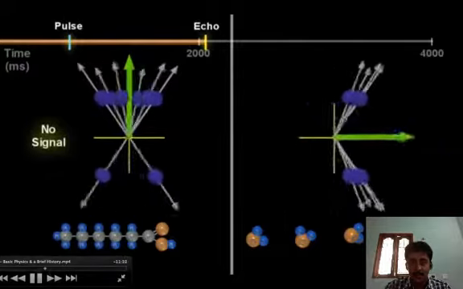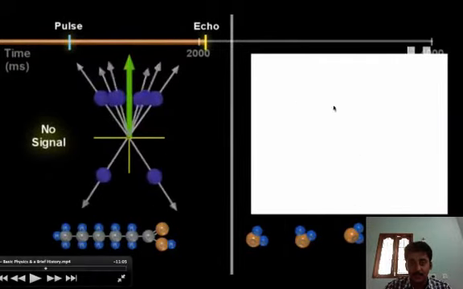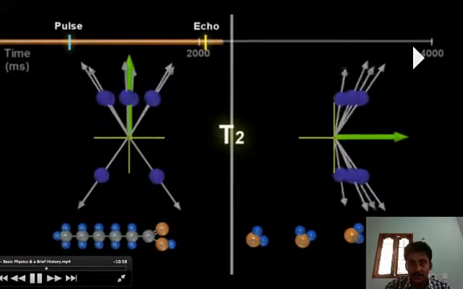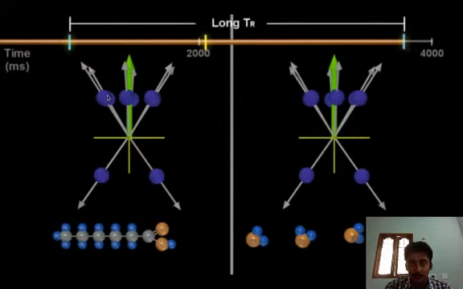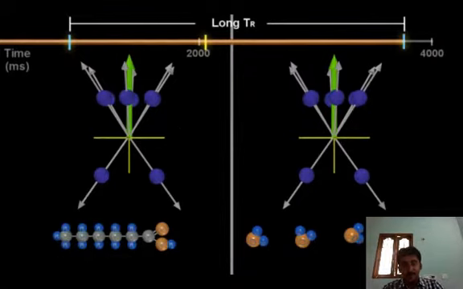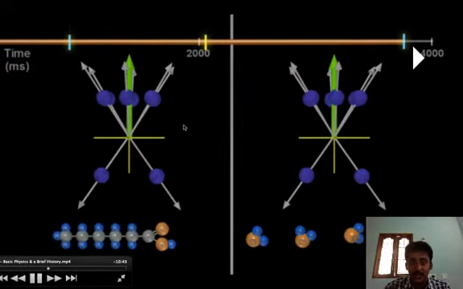Hence we have a black and white image. The white is for energy emitted, the black is for no energy emitted. So this is T2 accentuation between fat and water molecules. It usually has long repetition time and longer echo time.